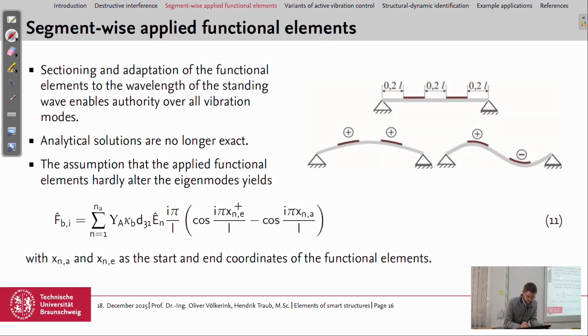Here xne and xna are the start and end coordinates of the functional element. So for the first functional element, xna would equal 0.2L, and xne would equal 0.4L. Is it right? Yeah.